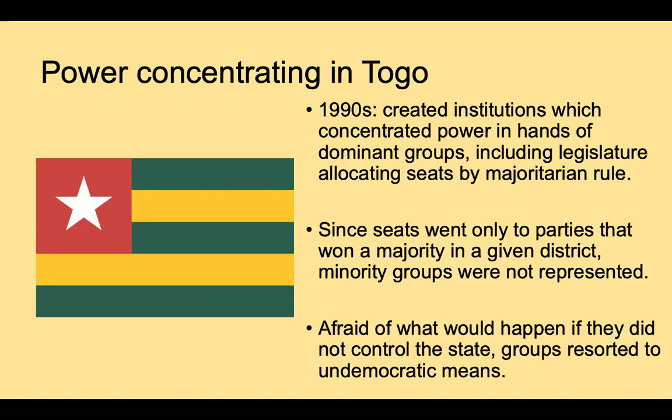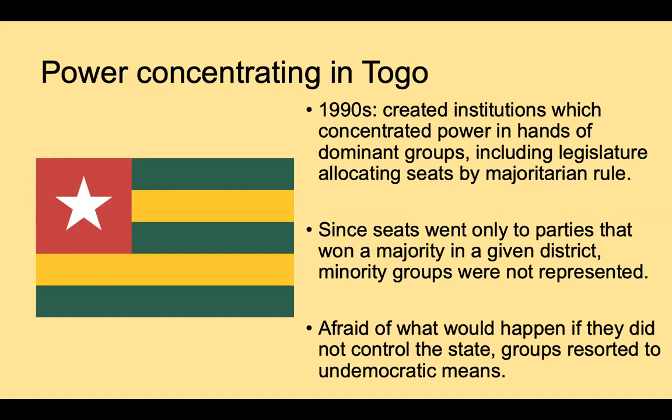What this meant was that parties only got seats if they won a majority in a given district, and that meant in turn that minority groups were not represented. And what this meant in turn was that minorities did not have channels and means of participating in and accessing politics so as to address their grievances or sort out differences or negotiate politics or policies that would affect them adversely or beneficially.